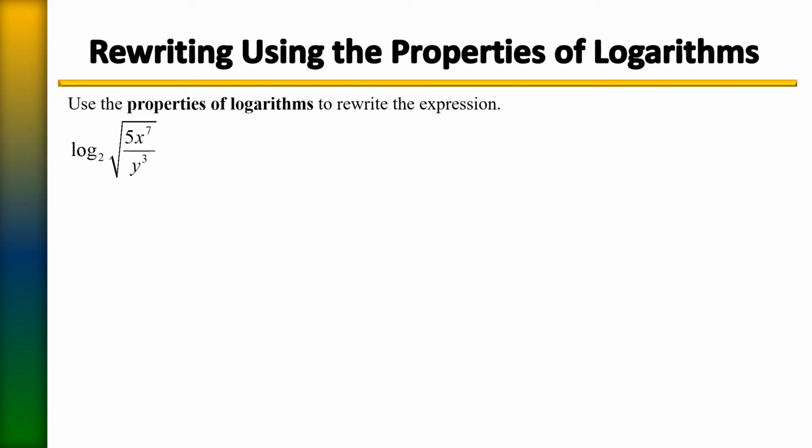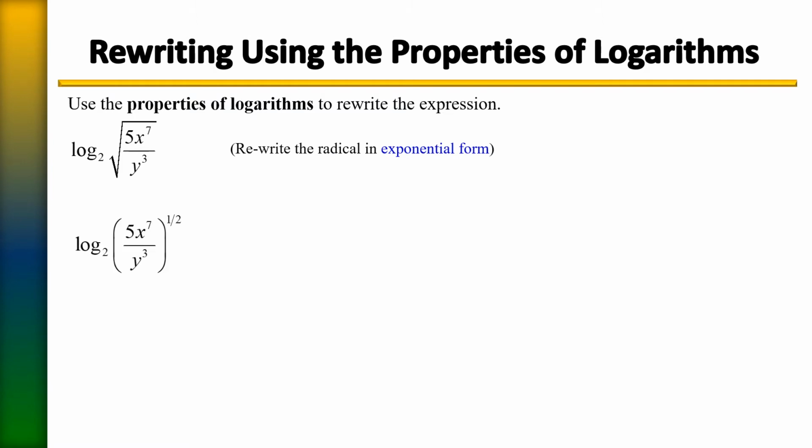So I'm going to begin first by focusing our attention on the radical here. This is square root. We can remove this radical and rewrite it in exponential form. Recall that square root written as a fraction would be 1/2. So let's go ahead and rewrite that expression in exponential form.